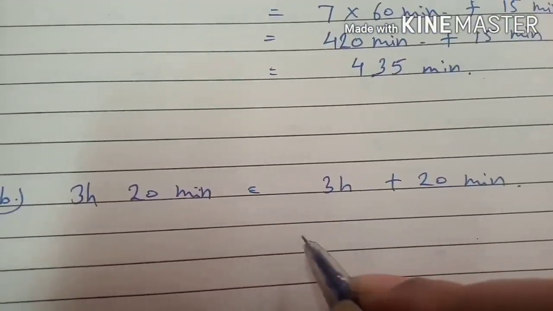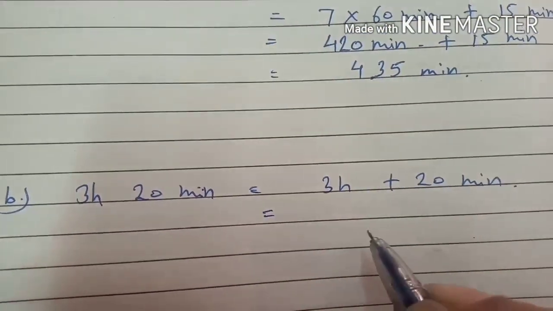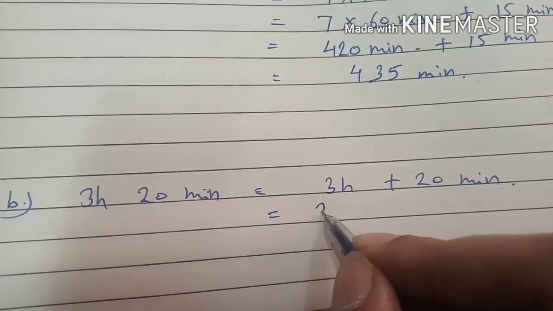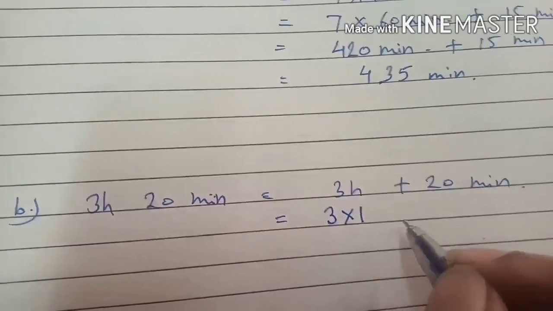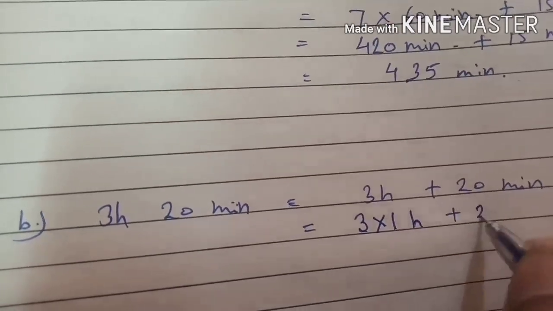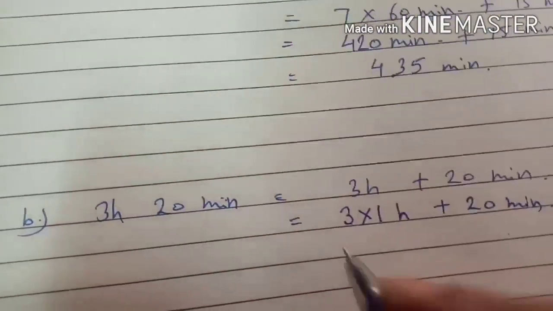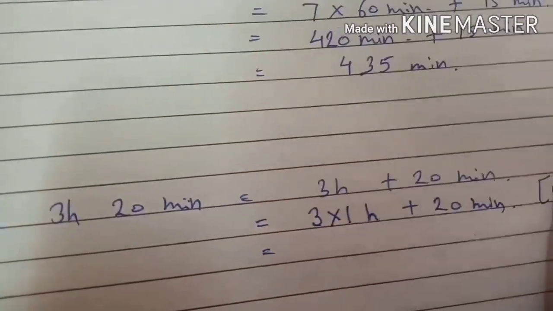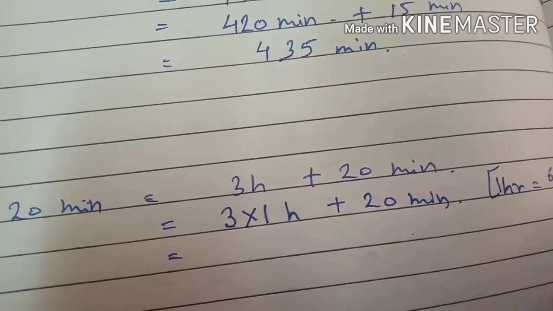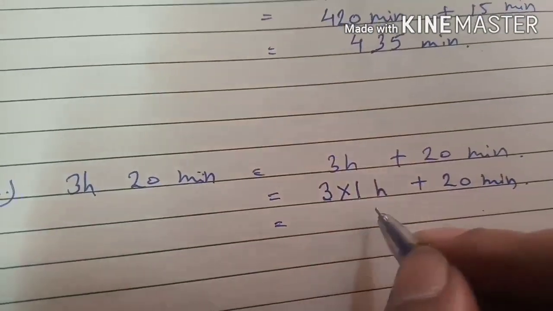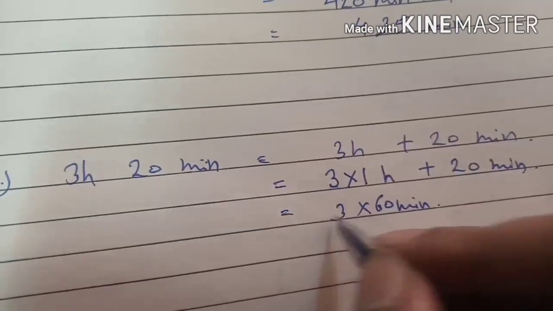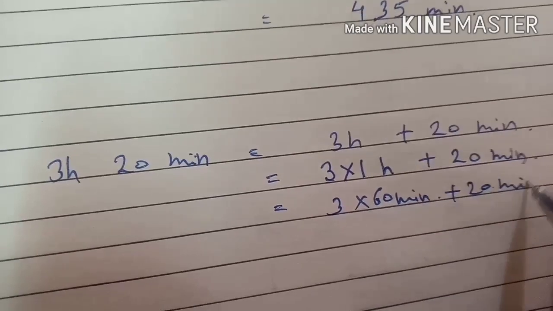Suppose our question B is 3 hours 20 minutes. First of all we will write 3 in this way, 3 into 1. Now we know that 1 hour is equal to 60 minutes, so in place of 1 hour we will write 60 minutes into 3 plus 20 minutes.